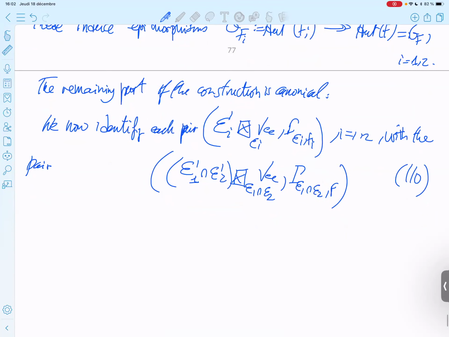So how do we identify this with, for example, when i equal 1? Identify 110 with, for example, you can choose i equal 1, but of course, this is the same thing for i equal 2.